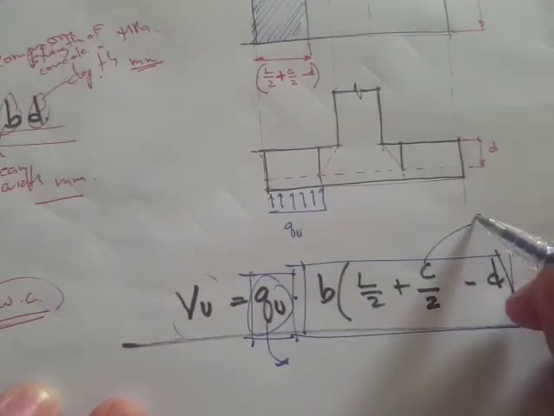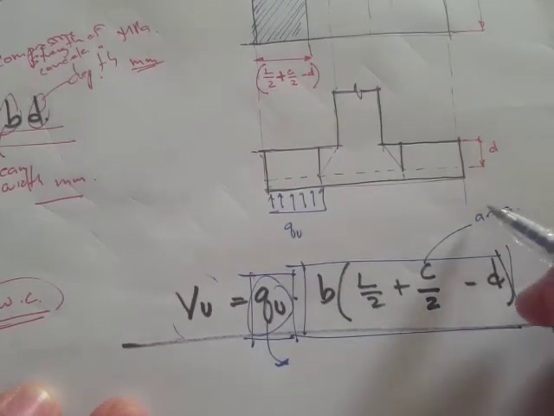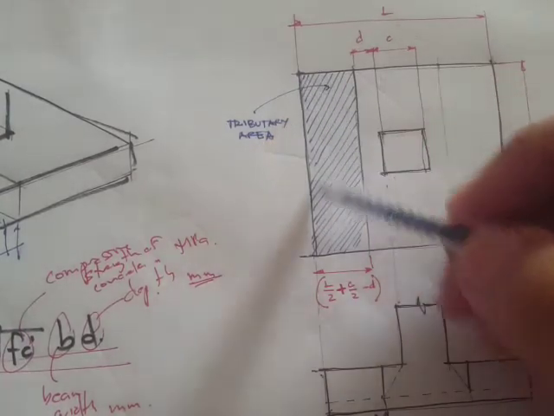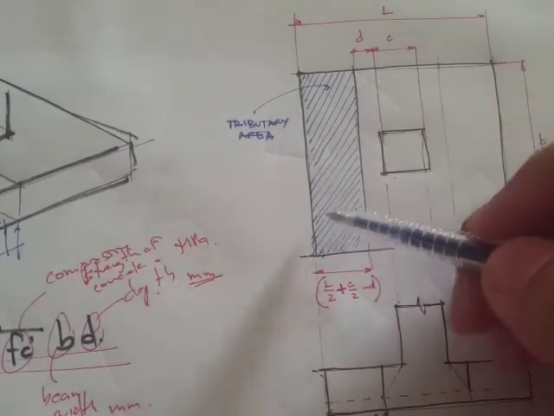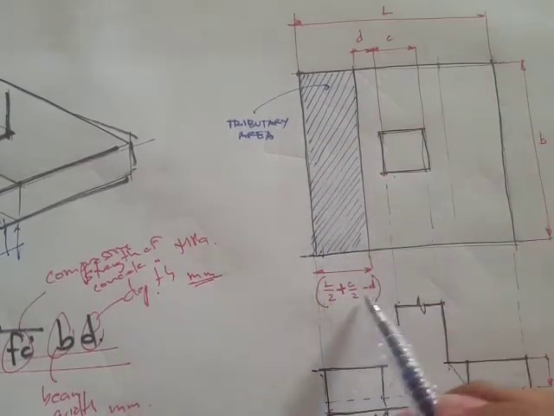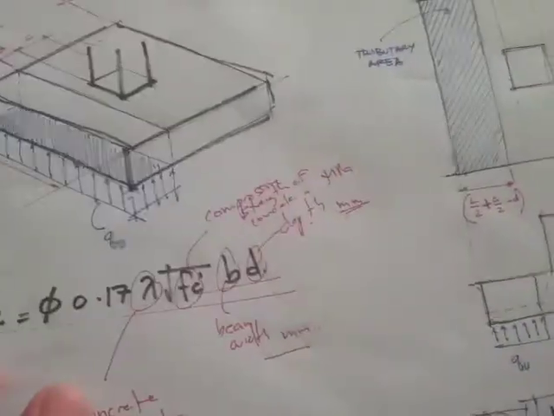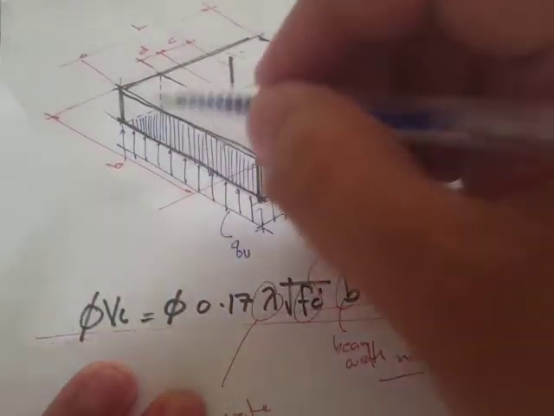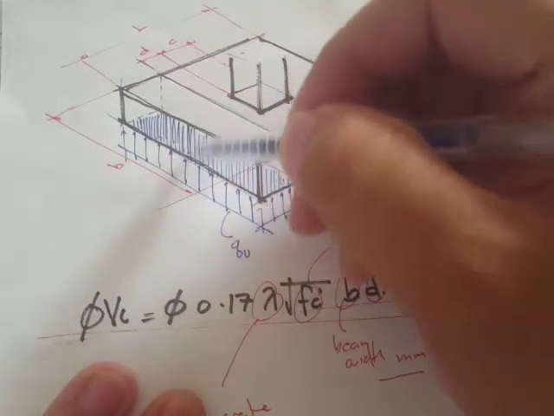So this is basically the portioned area, meaning B, that's this width, so this is B times this distance. If you look at this pictorial view, it's actually this shaded area at the bottom.